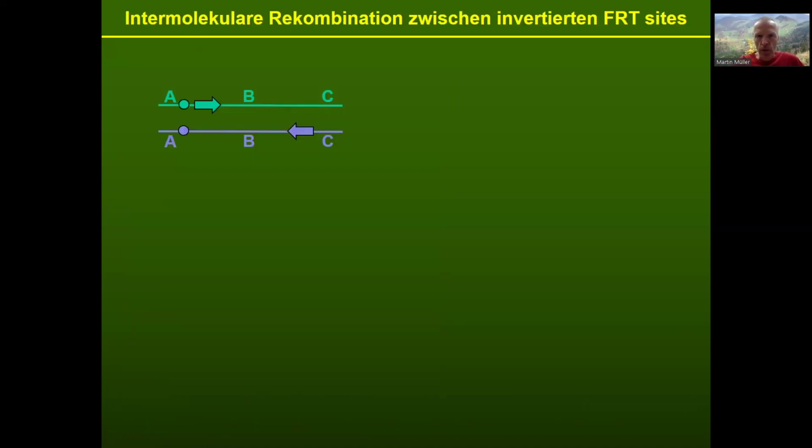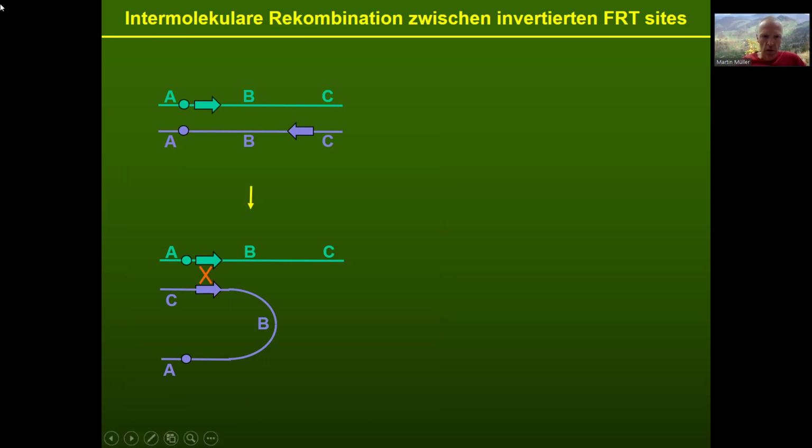In the case before, the two FRTs were in the same direction. What happens if they are not? Flip base will anyway mediate recombination between the two FRTs.